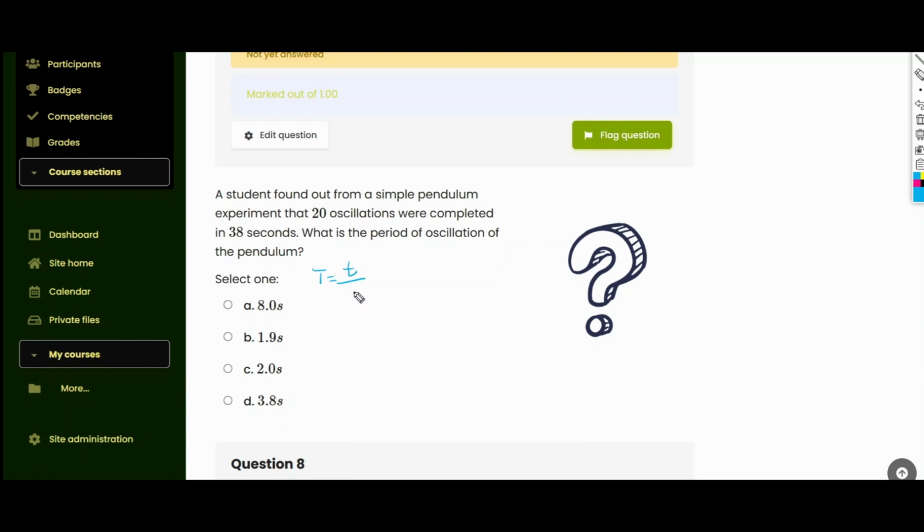So time over number of oscillations, which will be 38 over 20, which is about 1.9 seconds. Go to the next question.